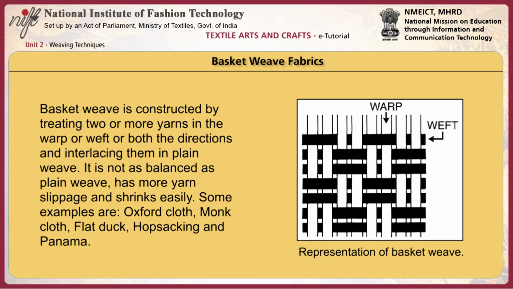Basket weave is constructed by treating two or more yarns in the warp or weft or both directions and interlacing them in plain weave. It is not as balanced as plain weave and has more yarn slippage and shrinks easily. Some examples are Oxford cloth, Monk's cloth, flat duck, hopsack, and Panama.